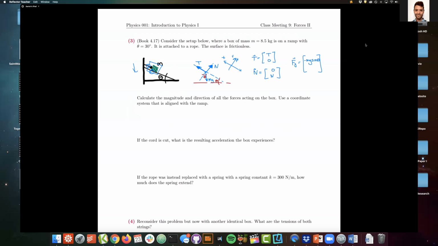Then there's a component that is perpendicular to the ramp, but pointing into the ramp, so negative mg cosine theta, based on the triangles that are drawn here. The triangle to acknowledge is this triangle, which allows you to get the vertical component, and then this part right here is the horizontal component.